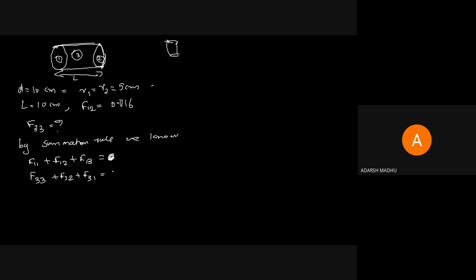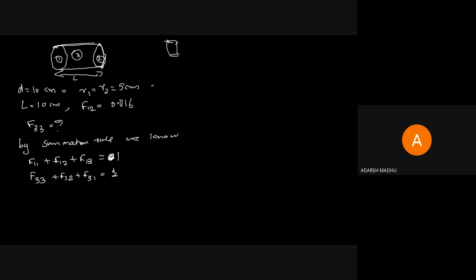It is from one body to itself, plus to another body, plus to the third body. If there are 3 bodies, it equals 1. For the second condition, F22 plus F23 plus F21 equal to 1 by the summation rule.